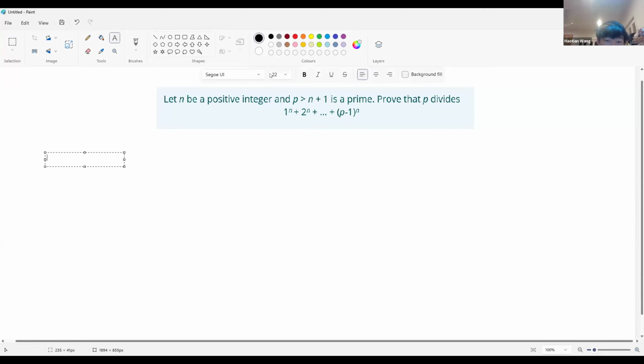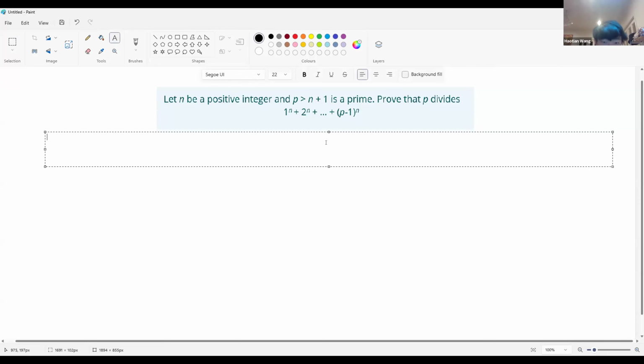Okay, so here's the hint. We are asked to find 1 to the n plus 2 to the n plus all the way up to p minus 1 to the n.